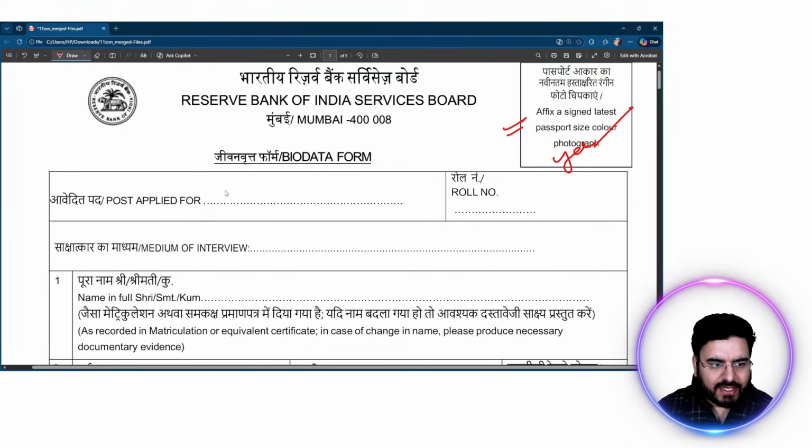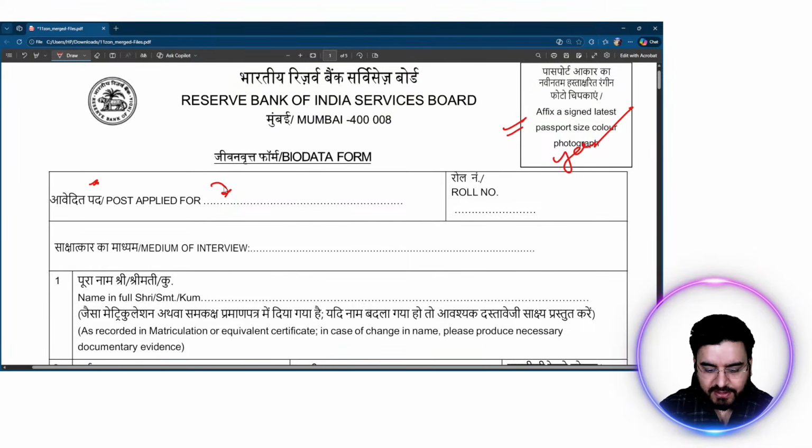Then the number one thing which you have to fill here is which position you have applied for. There might be multiple options. For example, you have applied for Officer in Grade B, general, or any specific category.